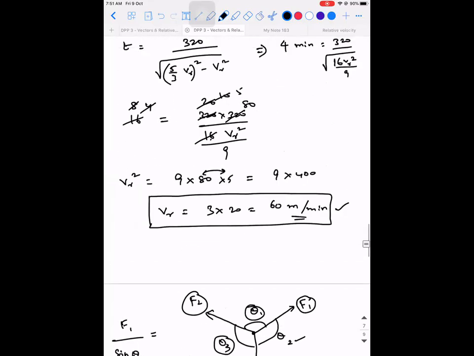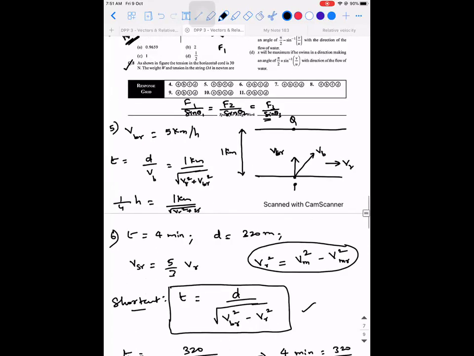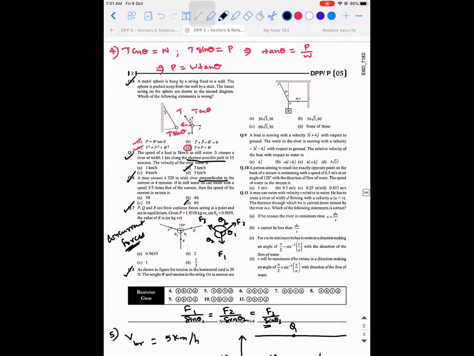Use the same logic and solve this problem. That is force divided by sine of the opposite angle. Can you guys tell me the mathematical expression?